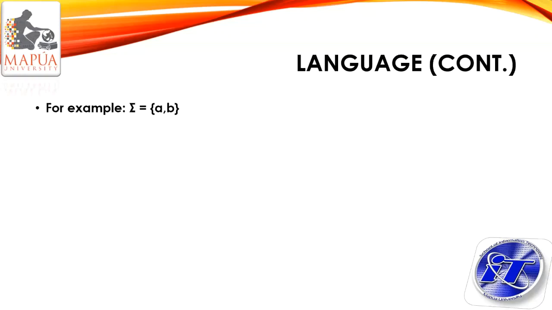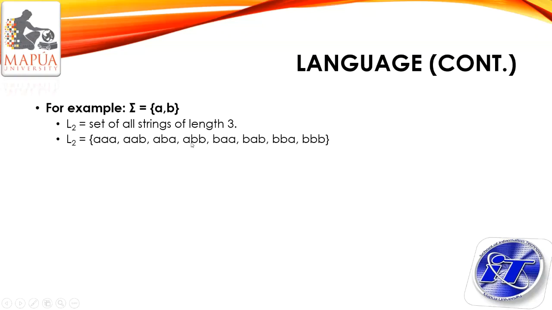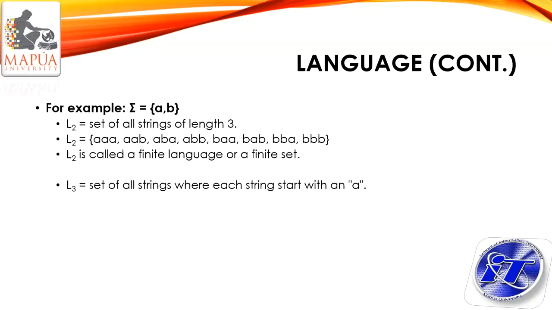Another example, another language: the set of all strings of length 3. Again, same as the first example, we have a specific length. So combinations of A, B to form length 3. How many? We have 8 possibilities. Since we can count, therefore this language is a finite language or finite set. But how about this example?